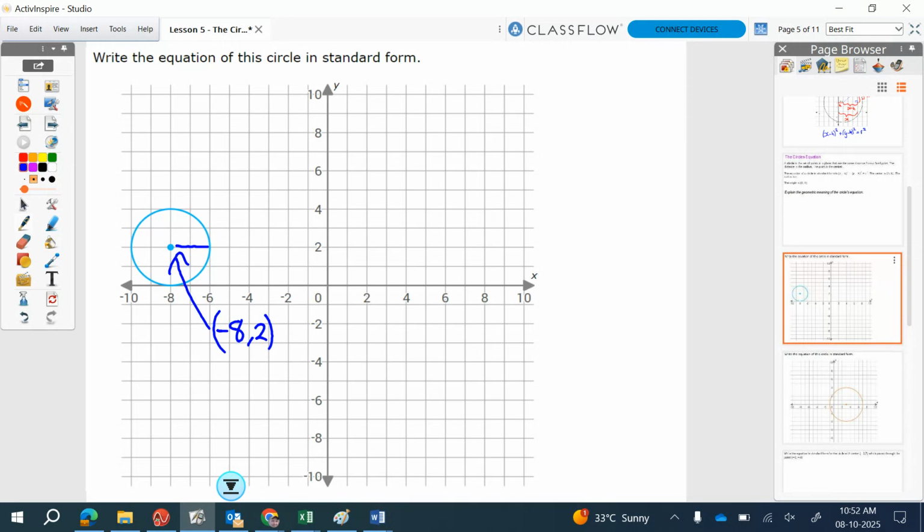We can see here that it's going to be 2. So the equation of this circle is going to be x minus negative 8, so x plus 8 squared, plus y minus 2 squared equals 4. This is the equation of the circle, because 2 squared is 4.